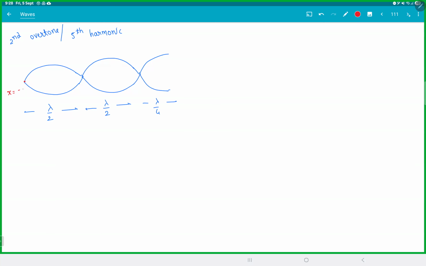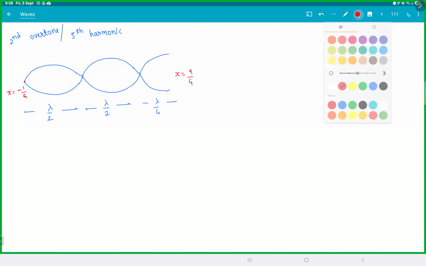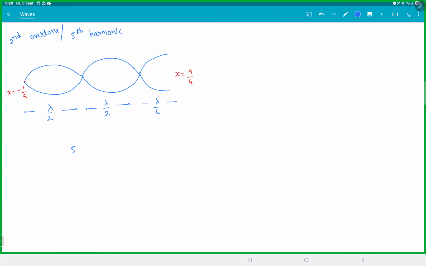This is x is equal to minus 1/4, and that's 9/4. So length is 2.5 meters.